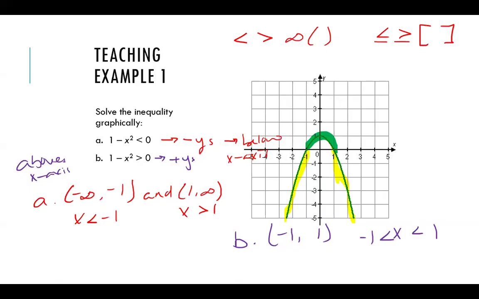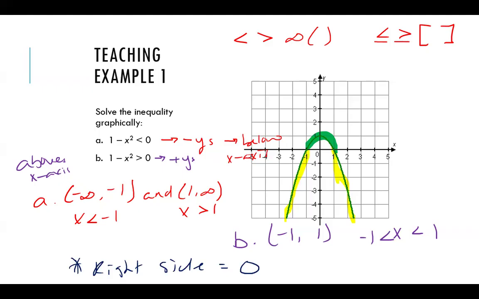Okay. So notice that for this graph, when we saw the inequality, our right side was 0, right? So in order for this to work, your right side has to be equal to 0. So the right side of the inequality has to equal 0 in order for you to simply be looking above and below the x-axis.